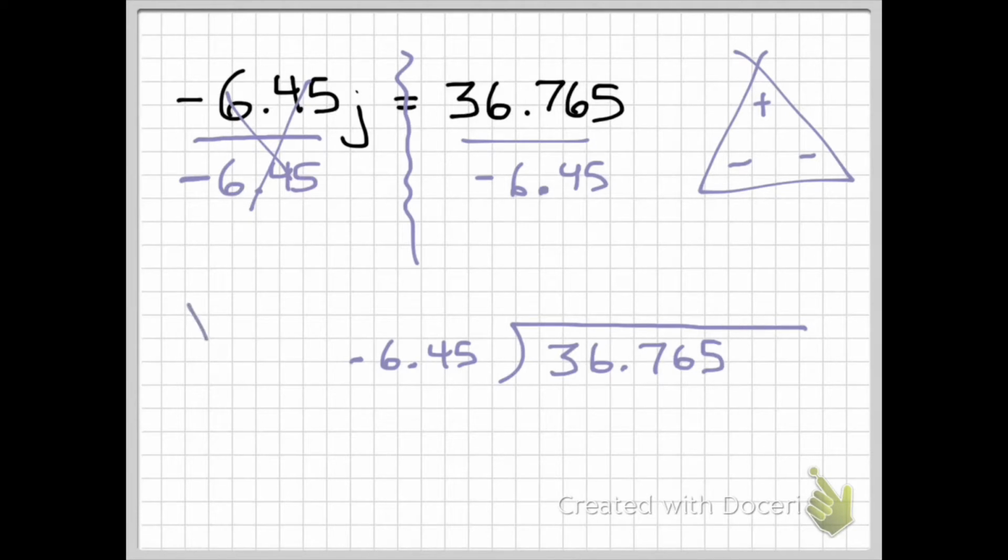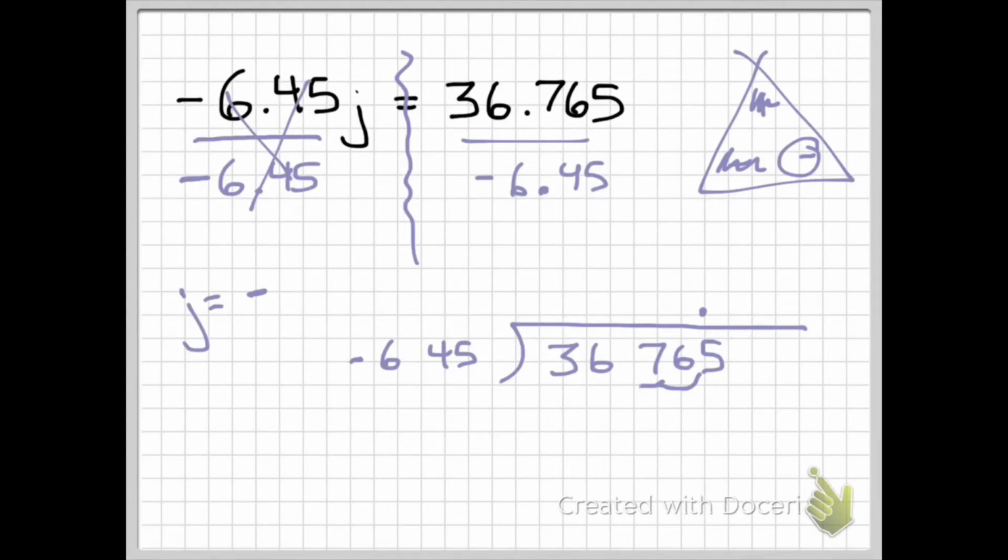We can already tell that our answer should be, well, we have a negative and a positive in our problem, so we're left with this. So our answer is going to be negative. Also, you may want to go back to the dividing by decimals video. We have to make this a whole number, so we slide twice here, and we have to slide twice here, immediately bring it up. So if you want to erase all that work underneath, that's fine.